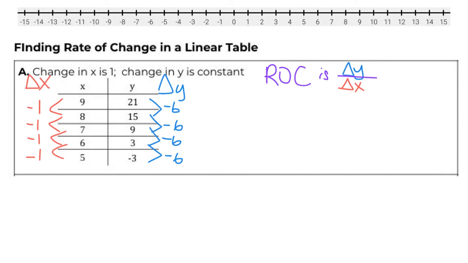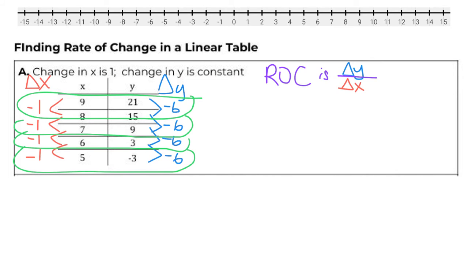It is the same. And so when we look at the rate of change, we don't need to do a rate of change ratio for each one of these, because if we do the change in y over change in x for any pair of these, they are going to be identical. So we can tell already that this is going to be consistent or constant, and that means this is a linear function.